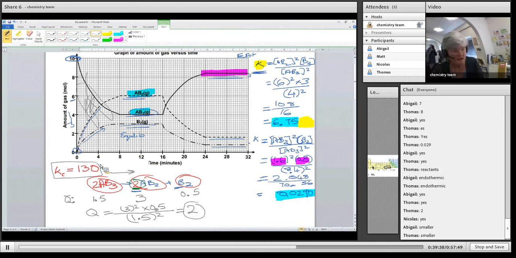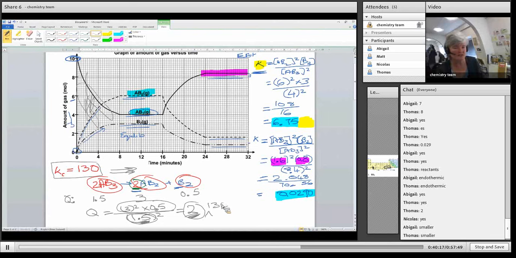So is 2 bigger or smaller than 130? It's smaller. And because it's smaller, it means that the forward reaction is still favored, because I've got to get more and more products being formed to try and up this figure to 130. Can you see that? I must make this number bigger and this number smaller to try and get this number up to 130.